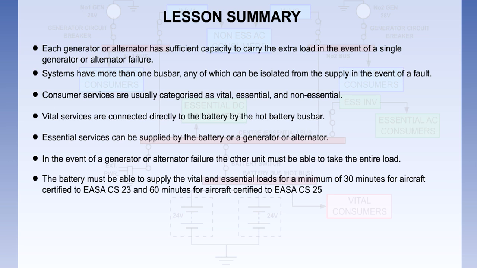The battery must be able to supply the vital and essential loads for a minimum of 30 minutes for aircraft certified to EASA CS23 and 60 minutes for aircraft certified to EASA CS25.